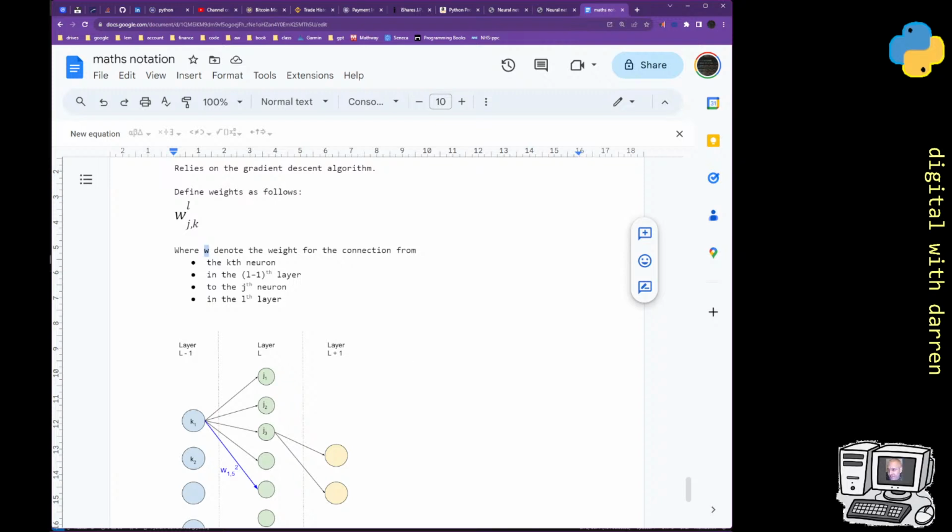So the layer to the left-hand side is the L-1th layer over here, and how it relates to the jth neuron that lies in the Lth layer, so this layer over here. So it's talking about this relationship, this blue line effectively, and the J represents, if this was a J over here, and the K represents if this was a K over here, for example. So it would look like that basically. So we're talking about this line over there, and L is that layer right there.